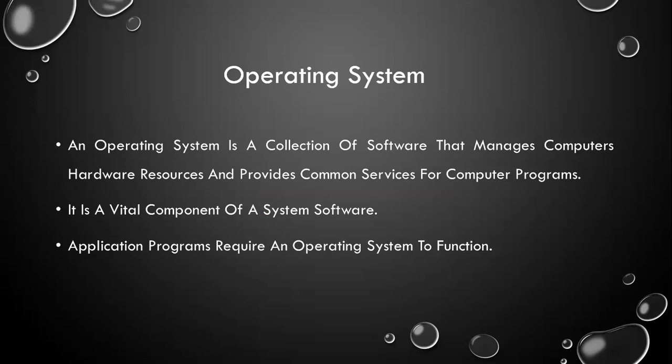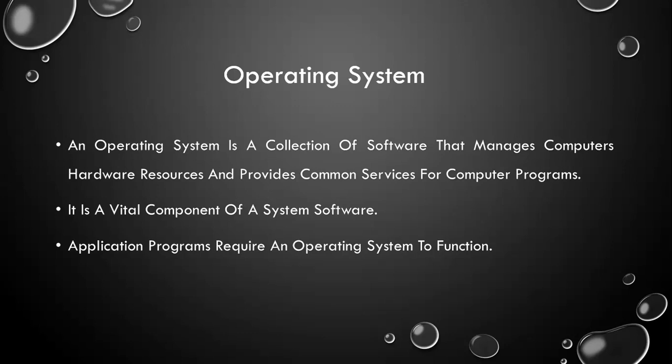As we have discussed before what system software is, the operating system is related to it. It is a very vital and essential component of system software, as it is a powerful and usually large program that controls and manages the hardware and other software in a computer.